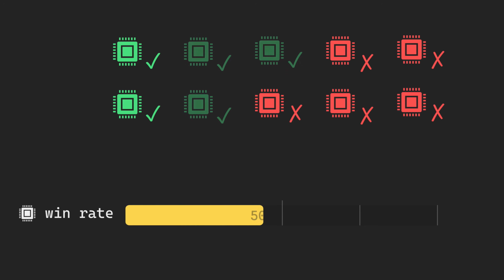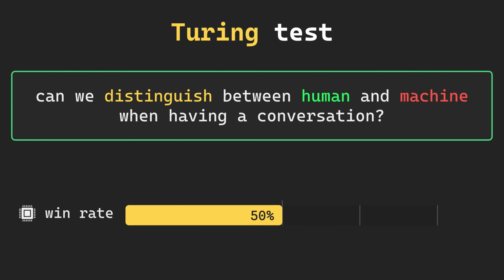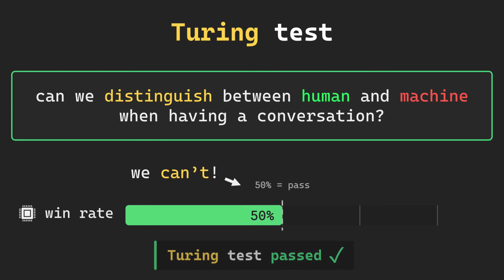And at 50%, the judge is doing no better than tossing a coin. There's no longer any reliable way to tell the human and the machine apart. So you may as well flip a coin, decide based on that, and the result will be much the same. And that's the threshold when the Turing test is actually passed by a machine.